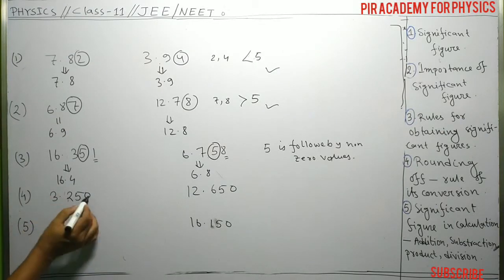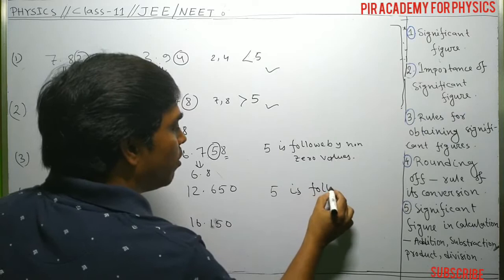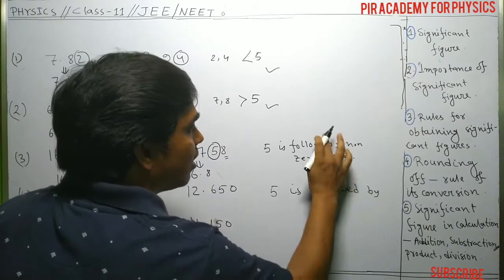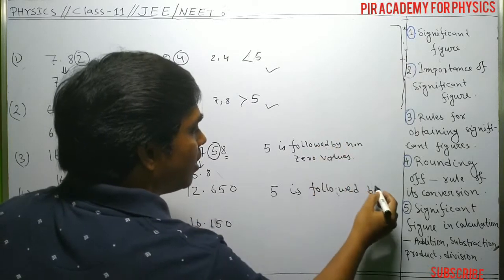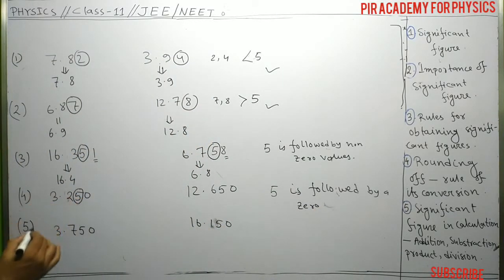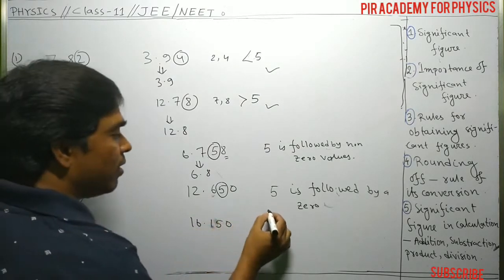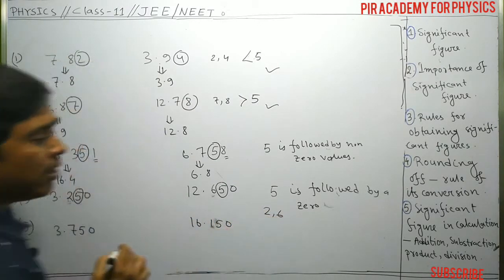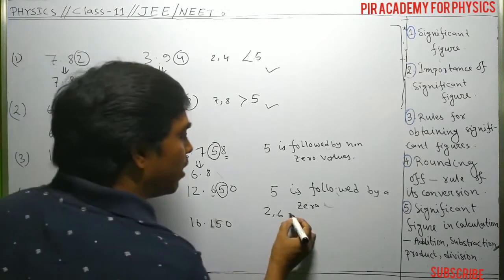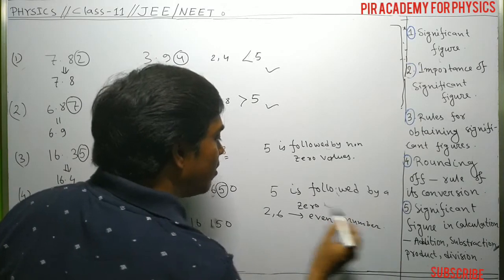And here you see that this is a 0 value. If 5 is followed by 0, here 5 is followed by 0 values, and you want to drop this 5, and the preceding numbers are 2 and 6, which are even numbers.